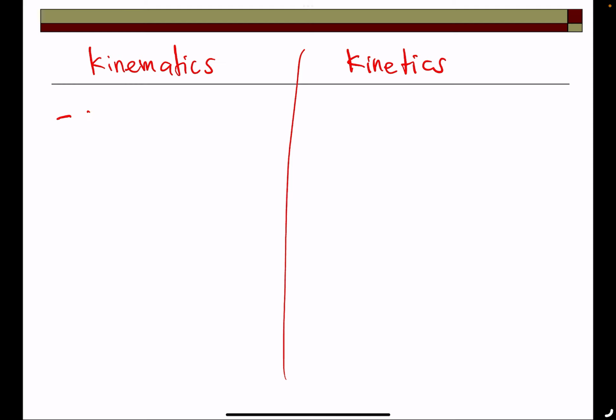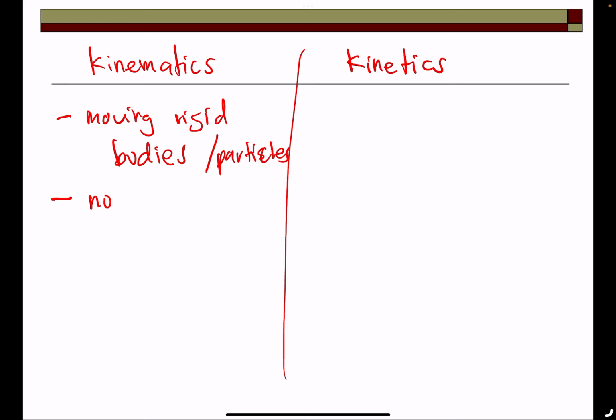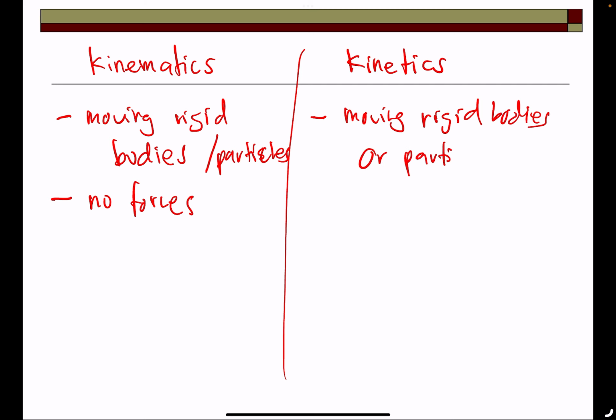So it is moving rigid bodies, particles, and no forces. This is kinematics. But in kinetics, you will learn the same thing, moving rigid bodies or particles, but there are some forces applied.